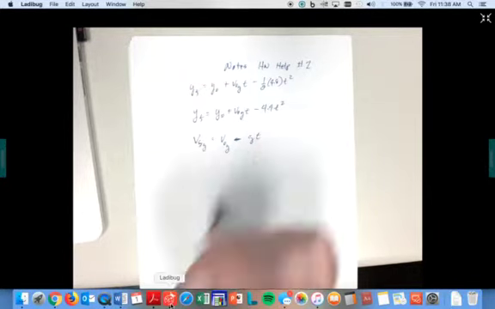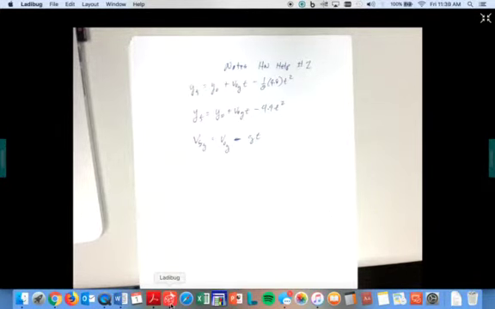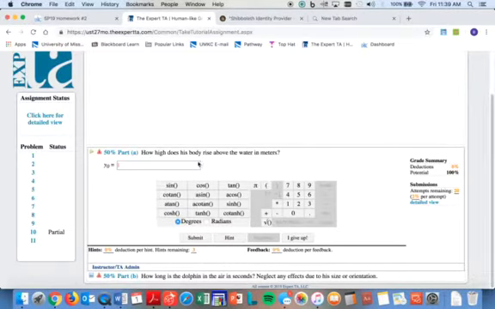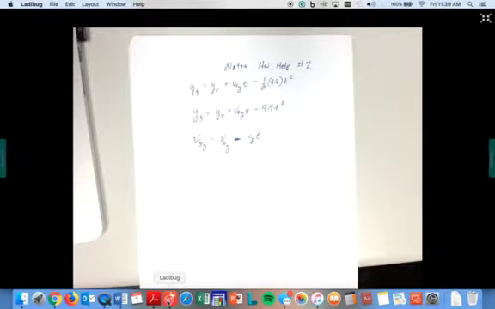This one makes it nice and easy. We did that in class: how high does his body rise when he comes up out of the water? Well, we could use this equation to find that.